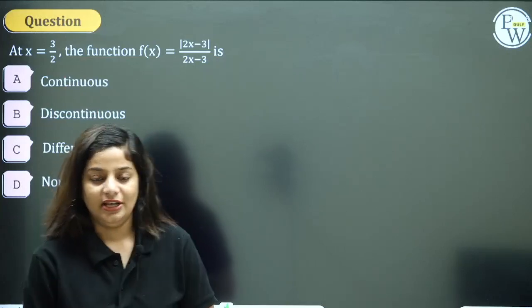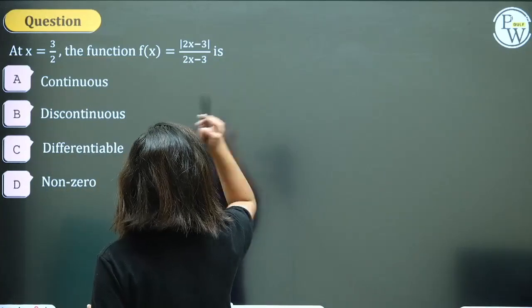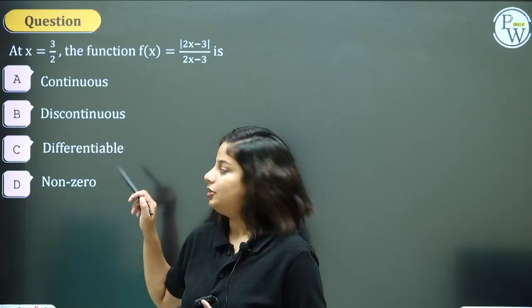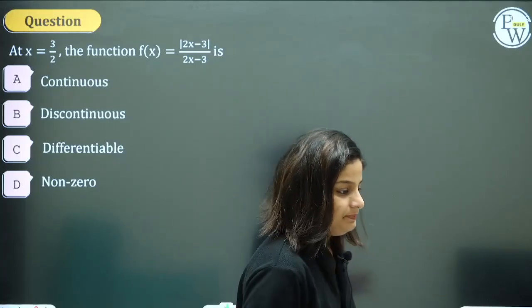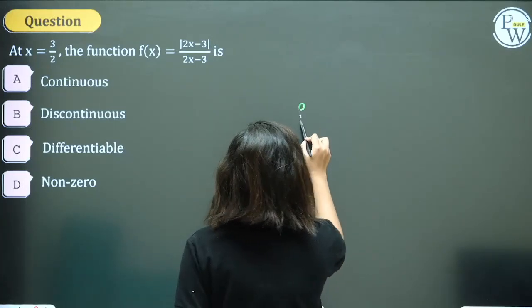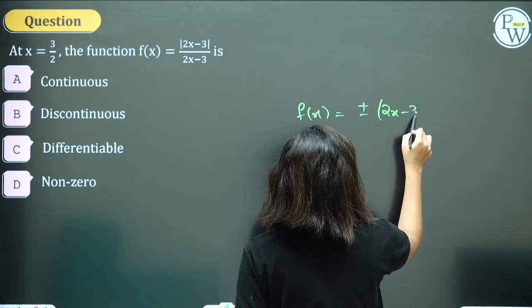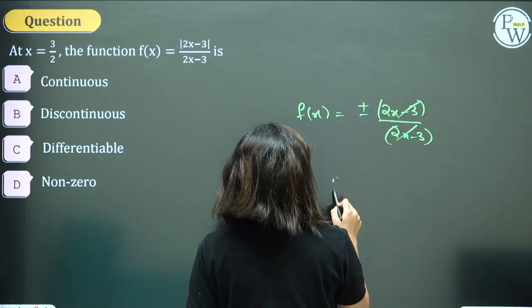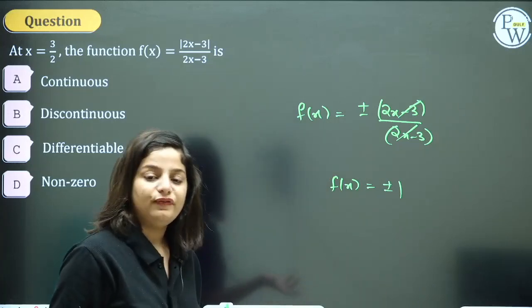Here is a question. At x equal to 3 by 2, the function mod of 2x minus 3 upon 2x minus 3 is what? Continuous, discontinuous, differentiable or non-zero? Some students might think, ma'am, we can remove the mod, it will give plus or minus, then this will cancel, so f of x is plus or minus 1, and so the function is continuous.